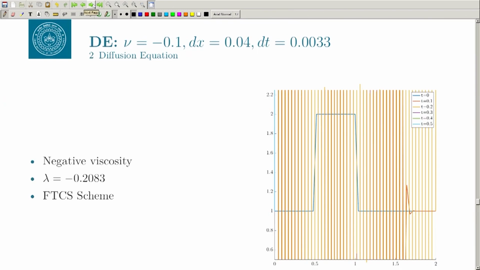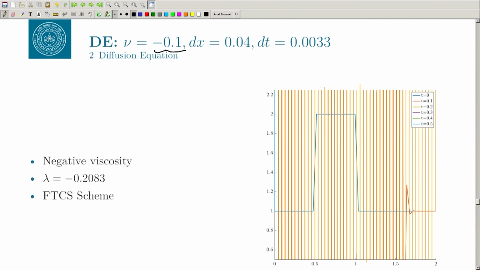What I want to show you here is, let us say we use the negative viscosity, or the negative diffusion coefficient. When it is a positive diffusivity, it diffuses and the magnitude goes down. When the diffusion is negative, if the viscosity is negative, that will amplify things, and you can see that it quickly amplifies, as soon as you take nu equal to minus 1 and your solution blows up.